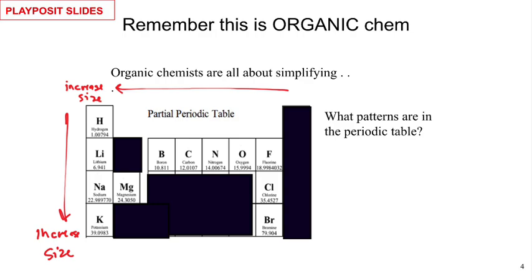Why does it decrease? What else changes? Protons? The number of protons. So a combination of where our electrons are located and the amount of protons changes that dynamic. Okay? To make it 100% truthful, we say that. What did I say about organic chemists? Simple-minded.